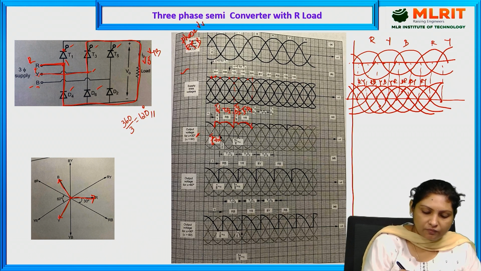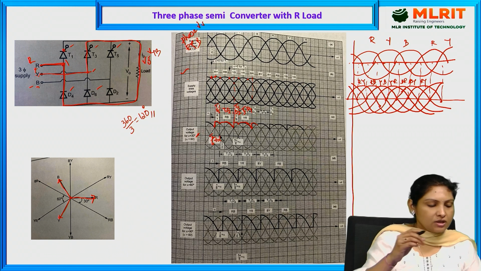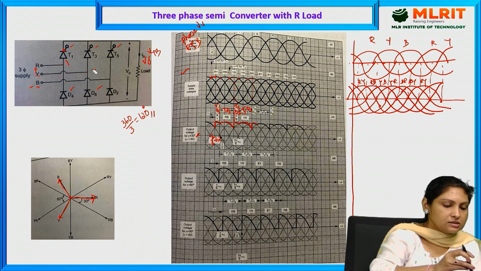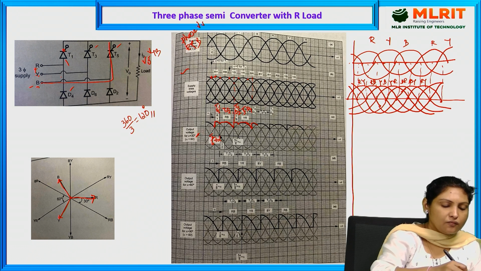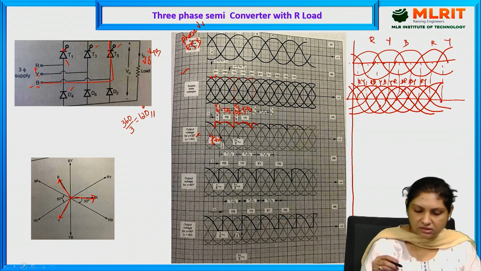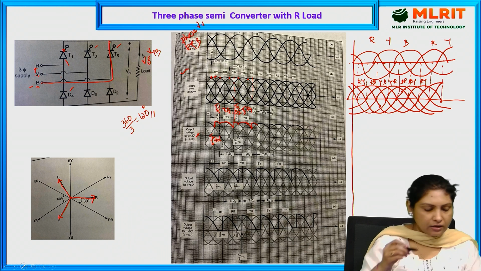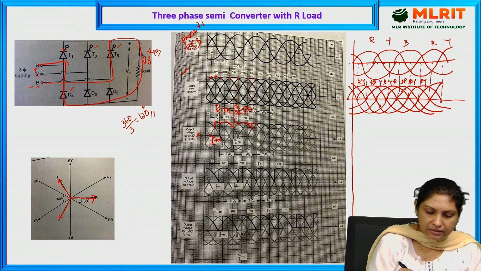Now BR is active, and B is forward biasing T5, and since it is BR, T5 as well as D4 is conducting.